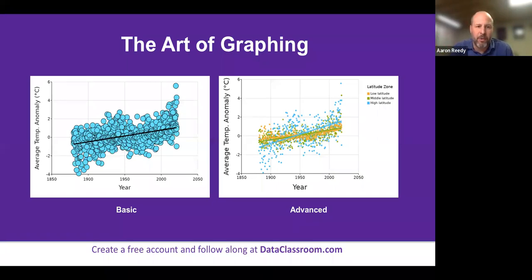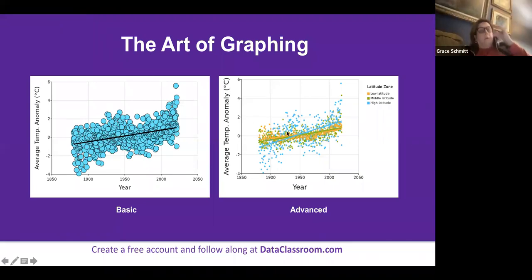And so now I can explore the subtle question, despite there being the overall upward trend of average temperature anomaly increasing with time. Now we're able to ask a more subtle question about, is that relationship different among the different latitudes on the planet? And so you can see there's a lot more information.